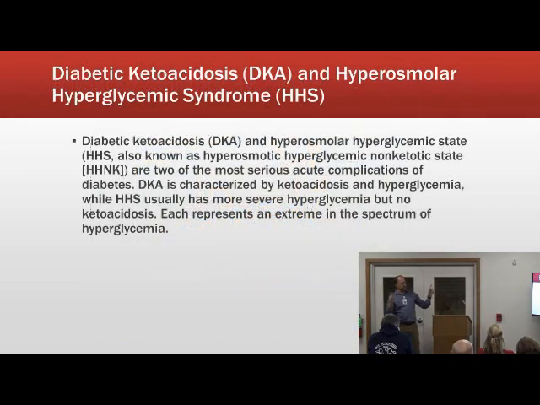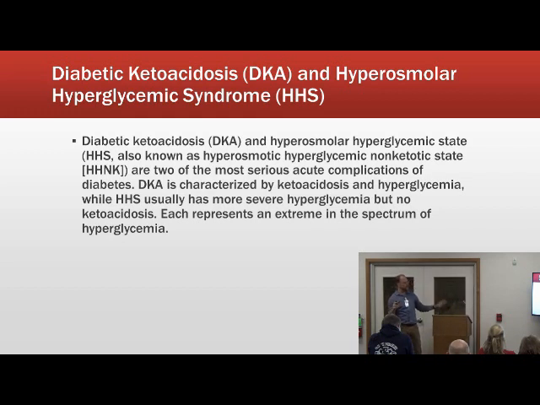So there are two basic hyperglycemic emergencies, and one is diabetic ketoacidosis. From now on, we'll just call it DKA, right? And then there's something called hyperosmolar hyperglycemic syndrome, or HHS. Who here has heard of HHS? Okay, so this is a pretty new concept.